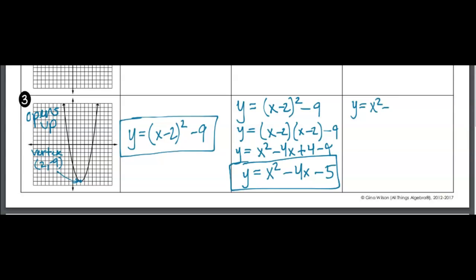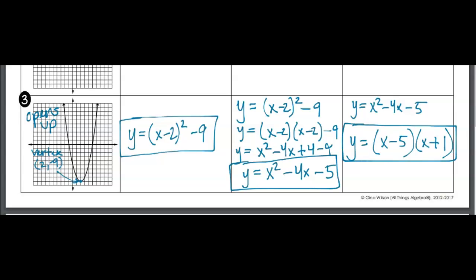This one also happens to be factorable, so we know that it crosses at rational roots, meaning they can make a fraction or they're whole numbers. In this case, the two roots are positive 5 and negative 1, and you can see that it does in fact cross at negative 1, 0 and positive 5, 0.